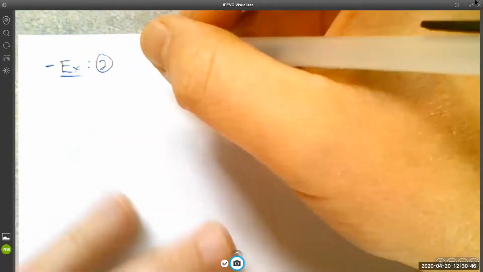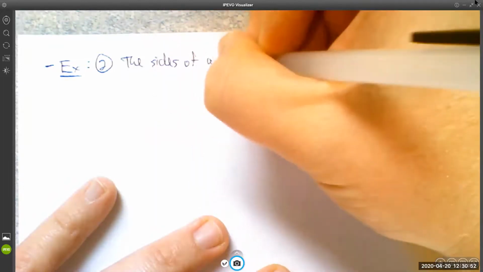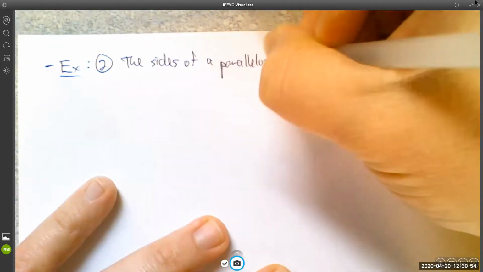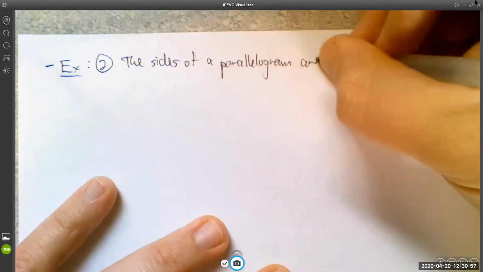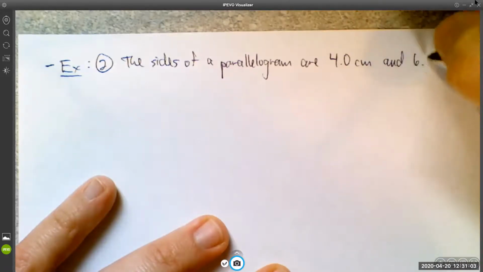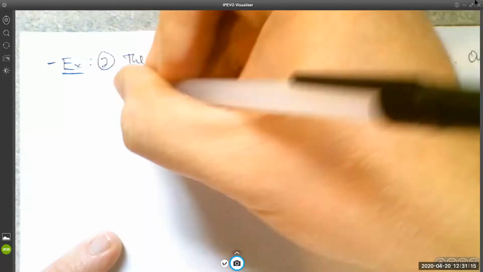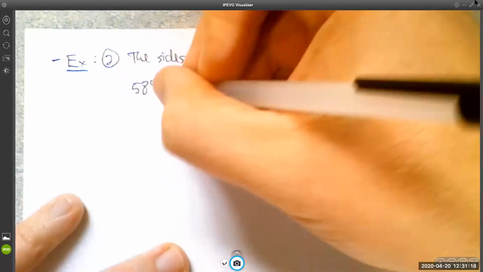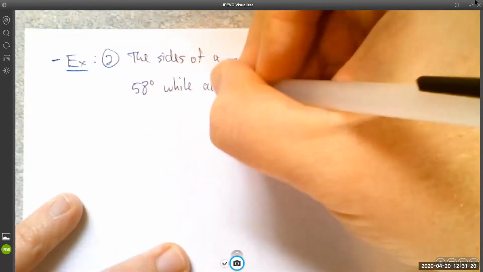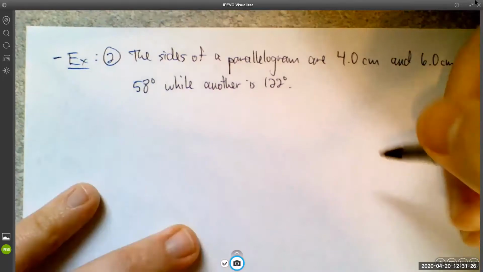This one says the sides of a parallelogram are 4.0 centimeters and 6.0 centimeters. One angle is 58 degrees, while another is 122 degrees. Find the lengths of the diagonals.